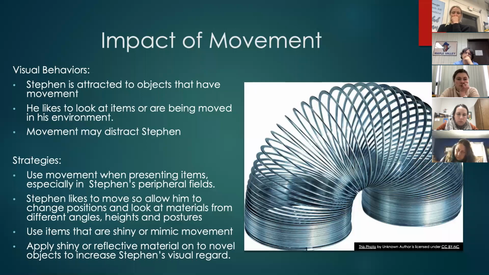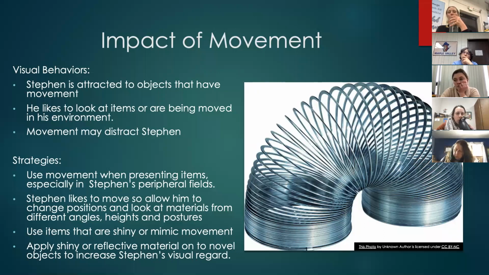And so the suggestion is to allow him to change positions, to look at materials from different angles. We don't often think about this. When we have typical vision or a typical visual development, we know that, for example, if I look at a cup this way, it's a cup.